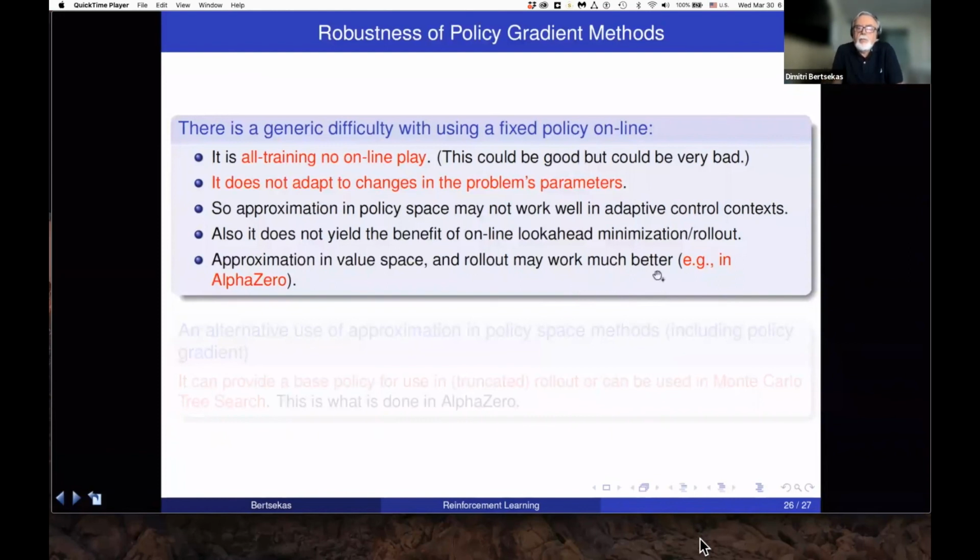And this policy is used during online play, but in conjunction with multi-step look ahead and rollout.